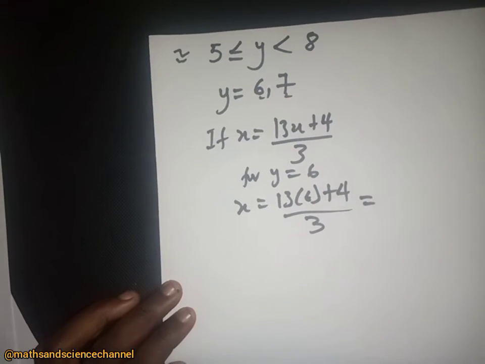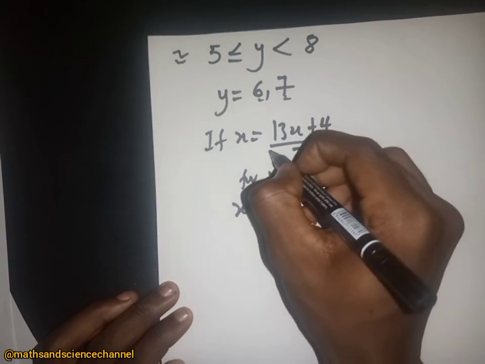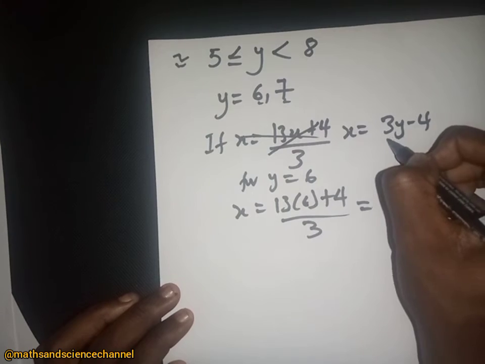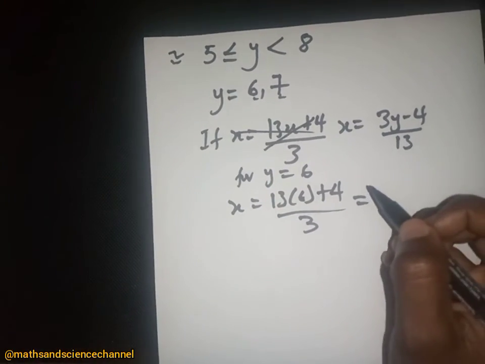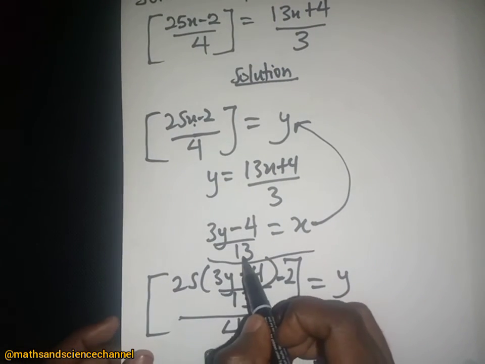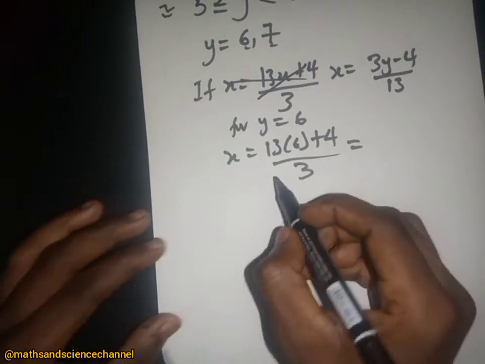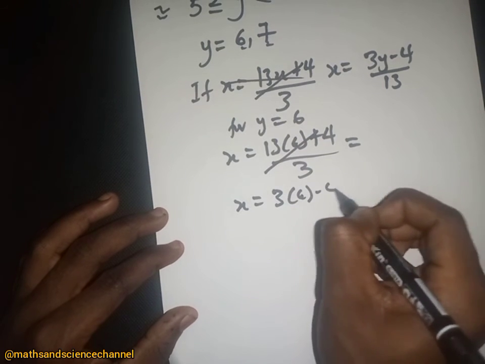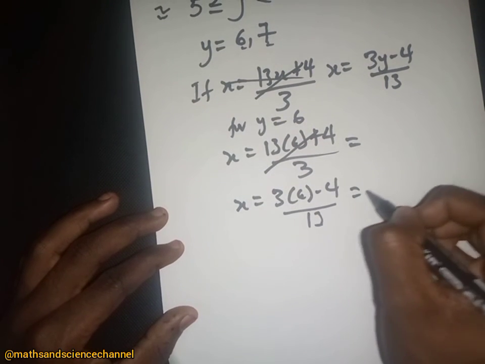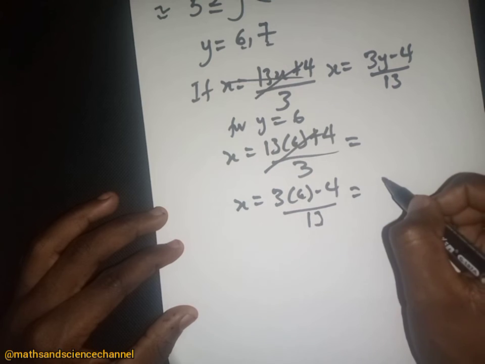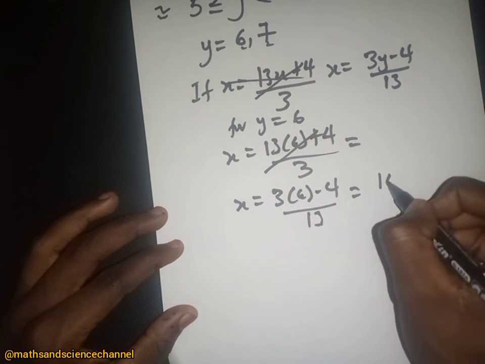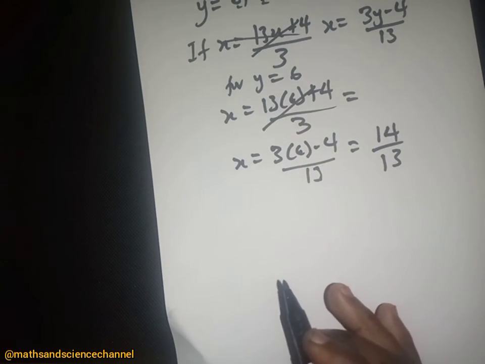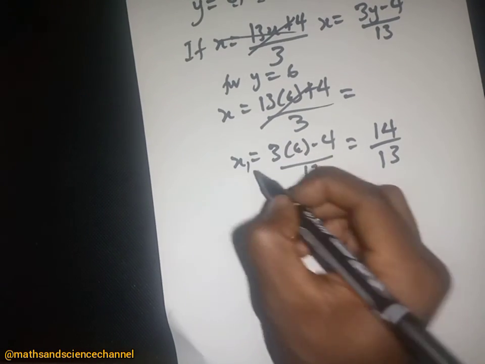Sorry, x is just (3y minus 4) divided by 13. That was the assumption we made over here. So if that is the case, then x will be equal to (3 multiplied by 6 minus 4) over 13. So we have 18 minus 4, and therefore 14 over 13. So that will be for the first one, x1.